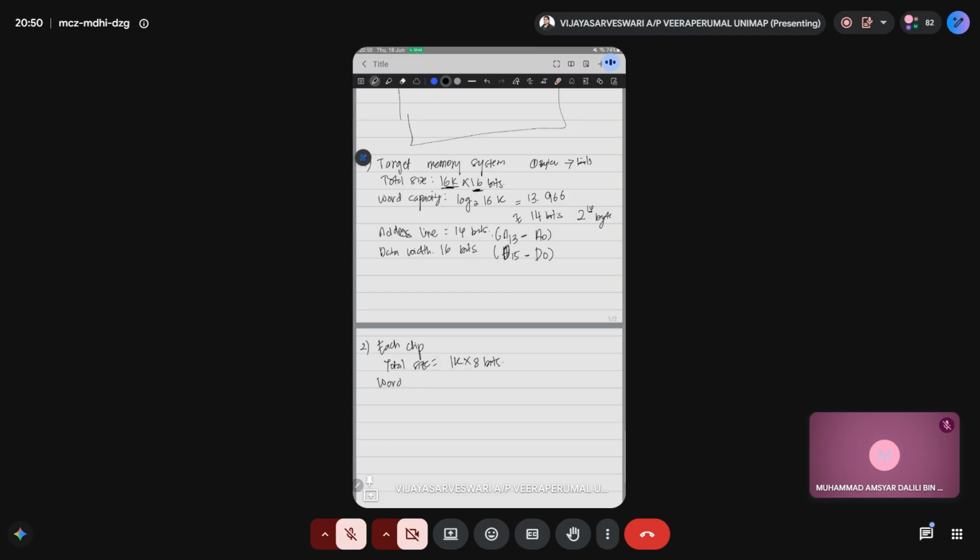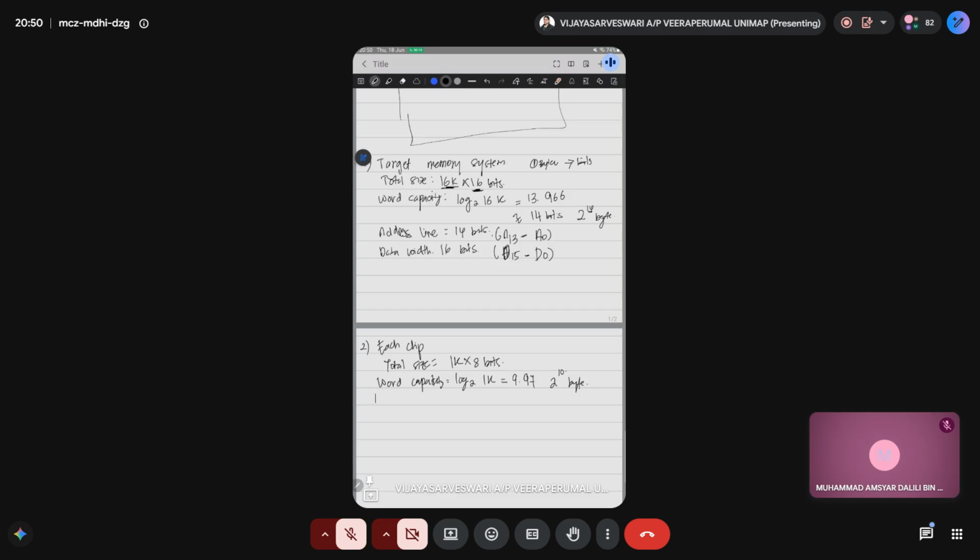Our word capacity is log 1K divided by log 2, which is approximately 9.97, so 2 to the power of 10 bytes.